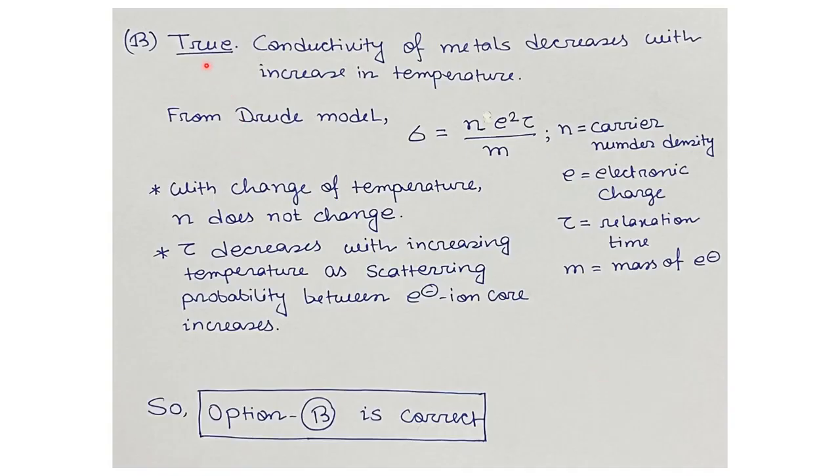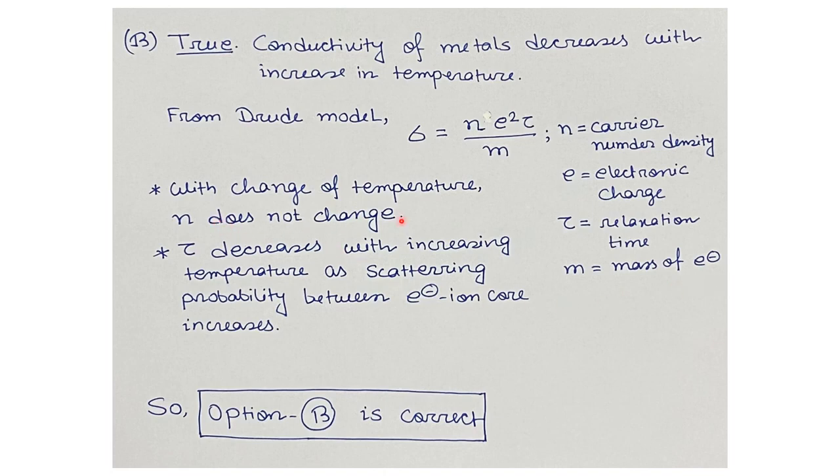The second option, option B, is true: conductivity of metals decreases with increasing temperature. From the Drude model, we know conductivity of a metal is given by N E squared tau by M, where N is the carrier number density, E is the electronic charge, tau is the relaxation time or mean collision time, and M is the mass of the electron.